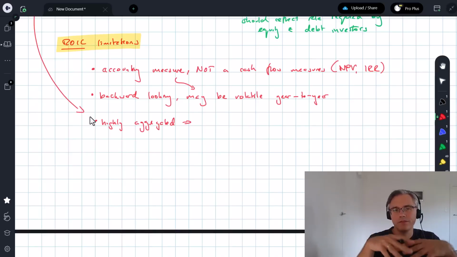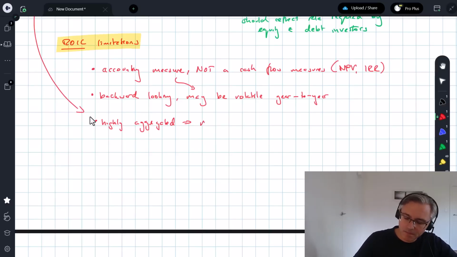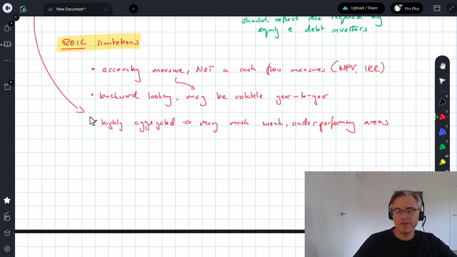The fact that you've got some assets or some projects generating good returns may mask problems with others which are underperforming, so may hide weak, underperforming, let's say, areas. That's it for the limitations.